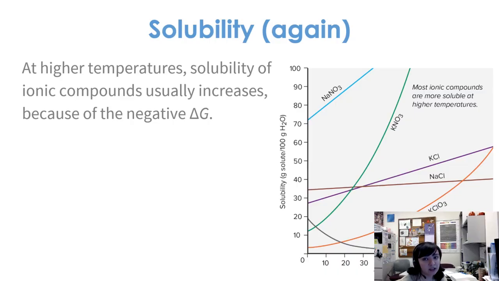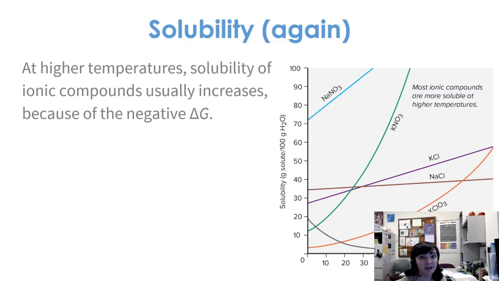For instance, a lot of ionic compounds will have higher solubility at higher temperatures. That can be tied back to the Gibbs free energy, and how ionic compounds tend to have a positive delta S when they dissolve into solution.